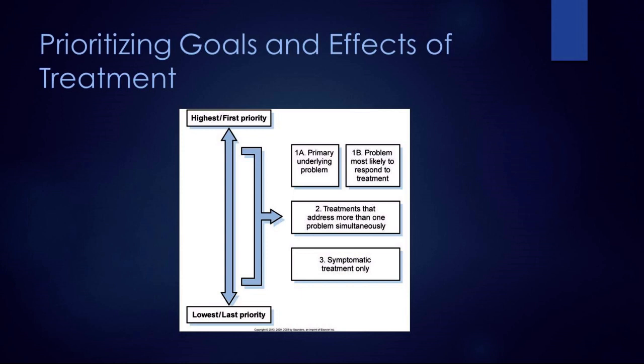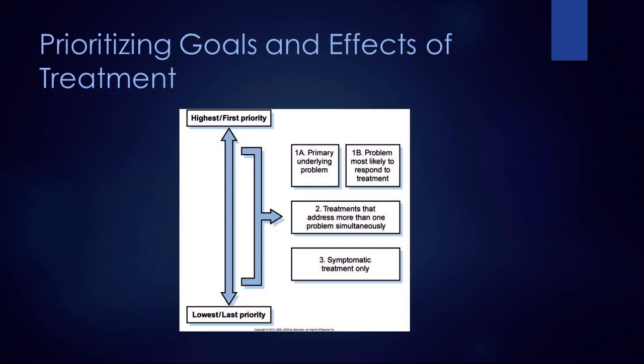Muscle tone problems, different disabilities and functional mobility issues. Those are all things that can respond to physical therapy. So it might not be the primary underlying problem, but it's things that we can address. So those are high priority things.